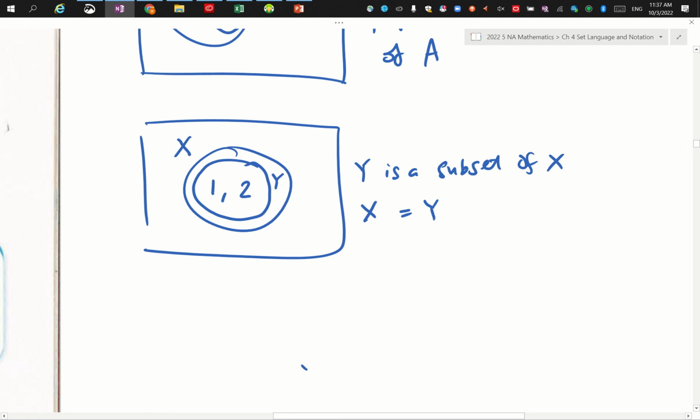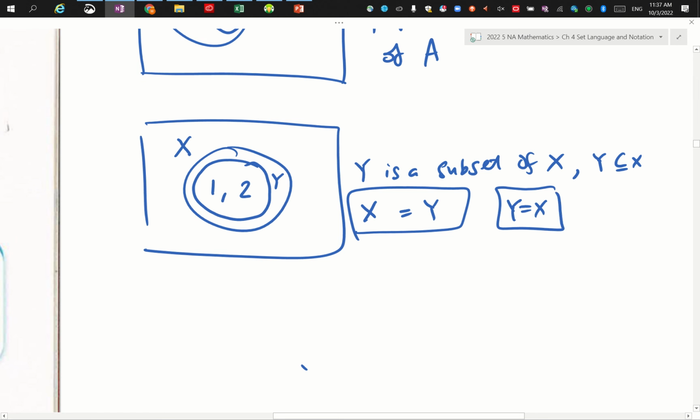So, the first line says that Y is a subset of X. The symbol looks like this. But to be more precise, X is equal to Y. Y is equal to X. Both ways are the same. This is a case of a subset that is not proper.